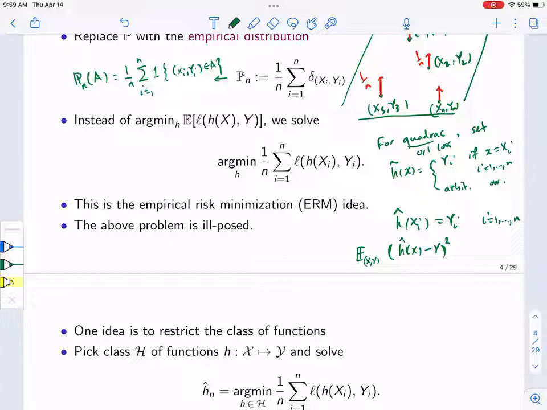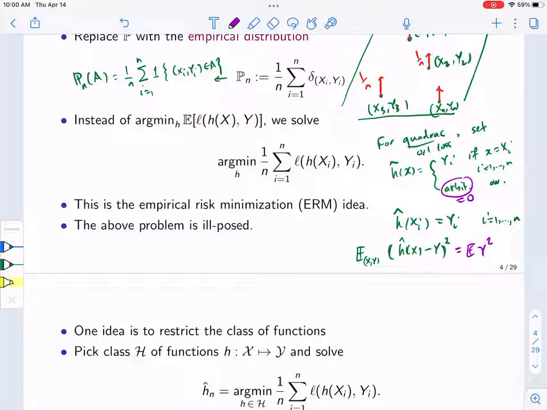Yeah. So if x is coming from a continuous distribution, then with probability 0, x is going to be one of these points. So if it's 0 everywhere, this would be just the expectation of y squared.